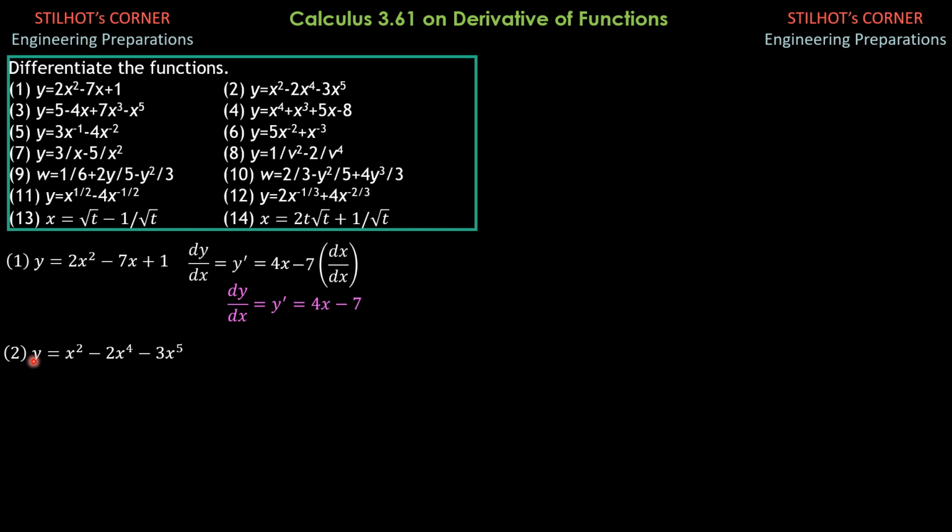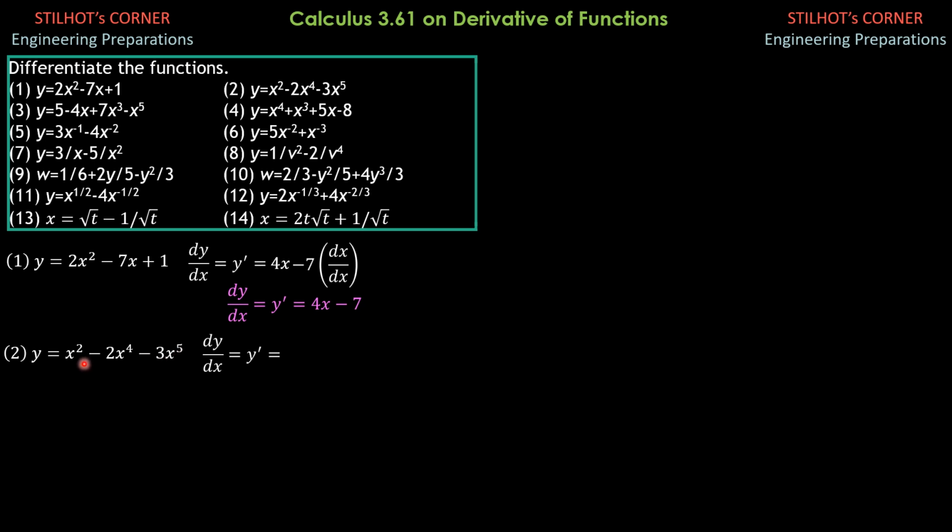So dy dx, which is equal to y prime, equals first 2x, 2x to the 2 minus 1, so 2x. Then this is negative 2 times 4, so negative 8x to the power 4 minus 1, so minus 8x cubed. Then minus 3 times 5, so negative 15x to the 5 minus 1, so negative 15x to the fourth.